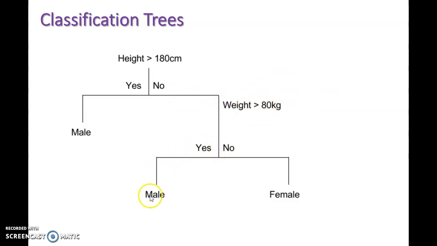If yes, then again it is male. If no, it is female. Generally in India, a person whose height is more than 180 centimeters is considered male, and less than 5.5 feet is considered the female category.